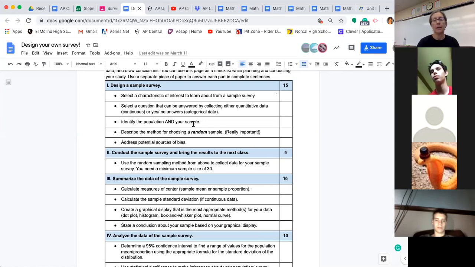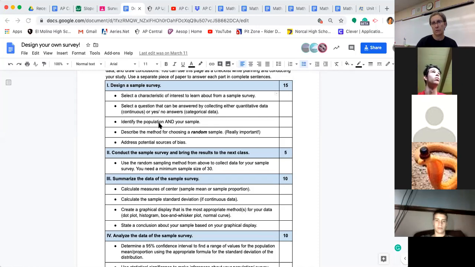You would probably give some details about who that would include, the type of people, whether that's El Molino juniors, or anybody that lives in Sonoma County. It could be anybody that lives in the United States. And then the population would just be a bigger thing that contains everything that sample represents.